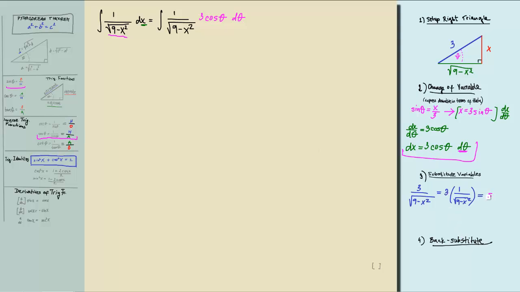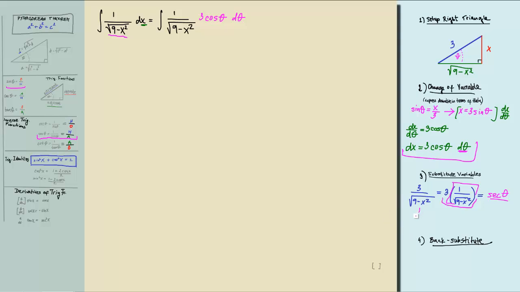So this equals secant theta. So if that equals secant theta, then 3 times this whole thing equals secant theta. We only want our fraction, so we could substitute that into here.